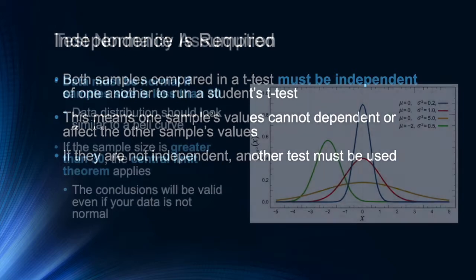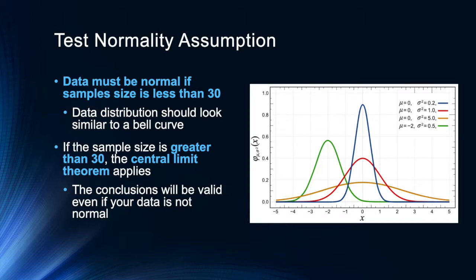So we went a lot over the normal distribution in detail, but this is why we did it. In order to run a t-test, your data has to be normally distributed. There is a caveat to that. If you have over 30 observations in your sample size, the central limit theorem, which we went over, will apply, and you do not have to have normally distributed data.